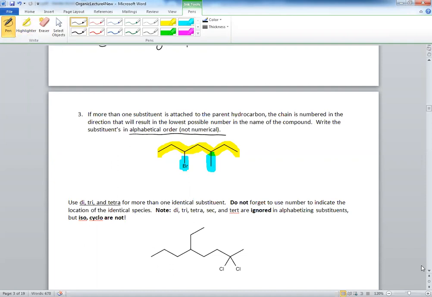Now, if you go to your sheet, well, we already did this one. This is called a methyl. So it starts with an M.